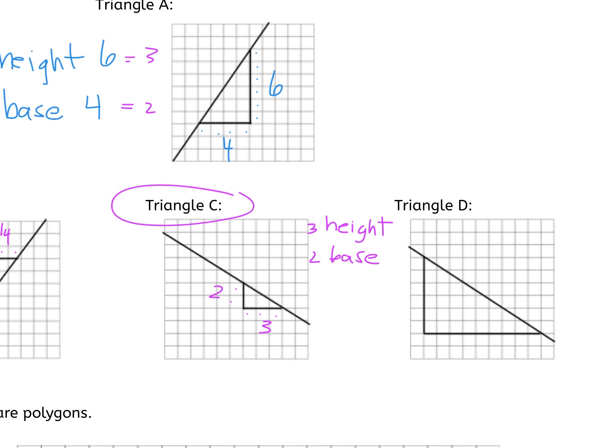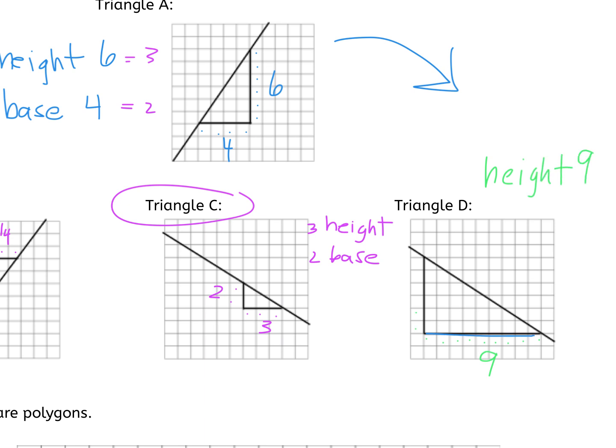And let's take a look at triangle D. So again, with this idea that this shape rotated, and now this being the height, let's count that up. 1, 2, 3, 4, 5, 6, 7, 8, 9. The height is 9.